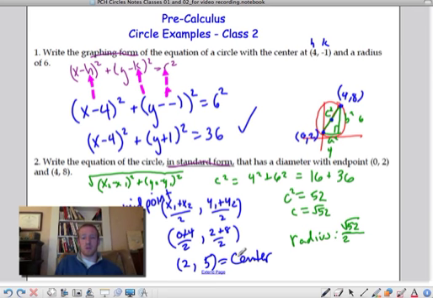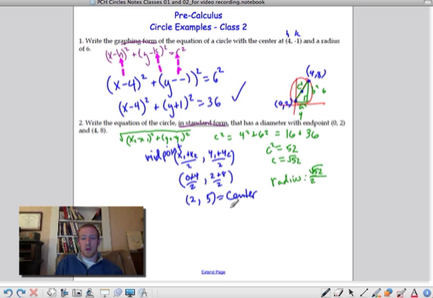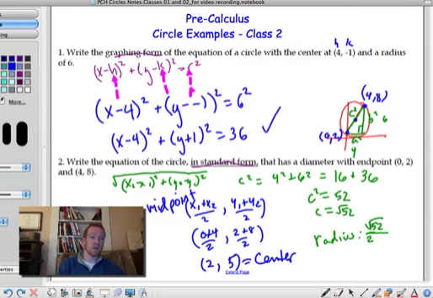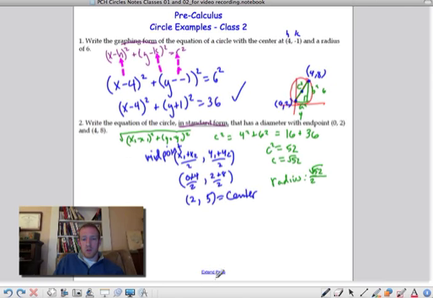So then what we're going to do is now have to actually write it out, and we want to write it in standard form, so we get a little bit more work to do. So what we're going to do is write this as x minus 2, because it's the opposite, squared, plus y minus 5 squared equals the radius squared.